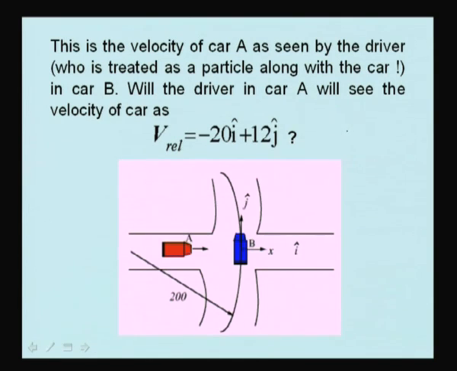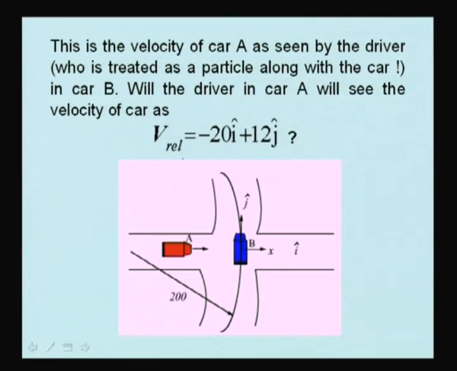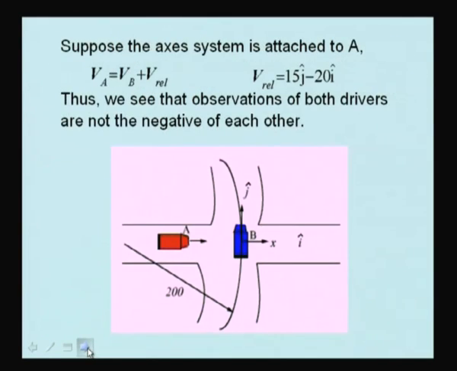If the velocity of car A with respect to car B is 20i minus 12j, can we say the velocity of car B with respect to car A is minus 20i plus 12j? No, we can't say this. Let us see this thing.